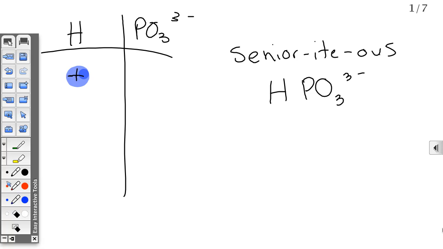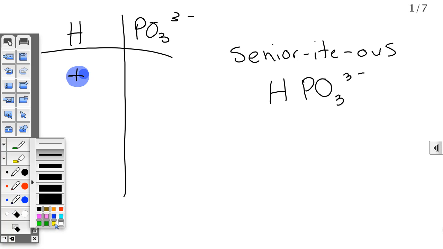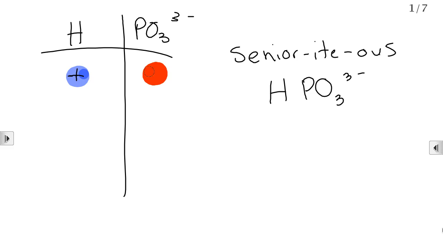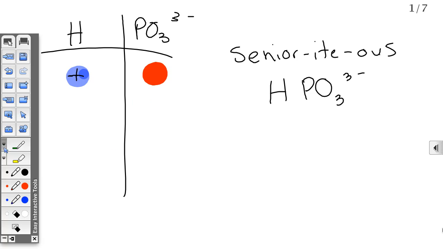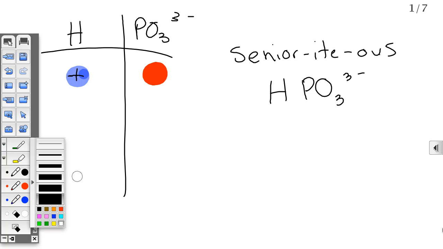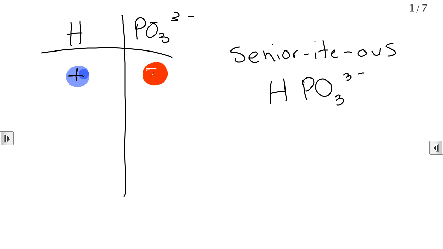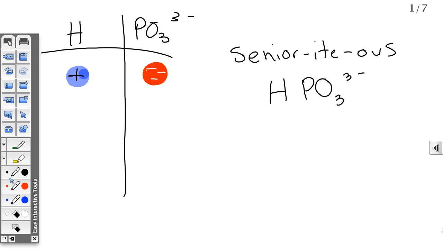And then if I pick a different color, 1 phosphite. The charge on that 1 phosphite has 3 minus signs. Oh, Lord help me. I'm going to have to figure this out. Can you tell? So, are my charges balanced? No. So, do I need to add another phosphite or another hydrogen? Okay, sure. So, let me do that.